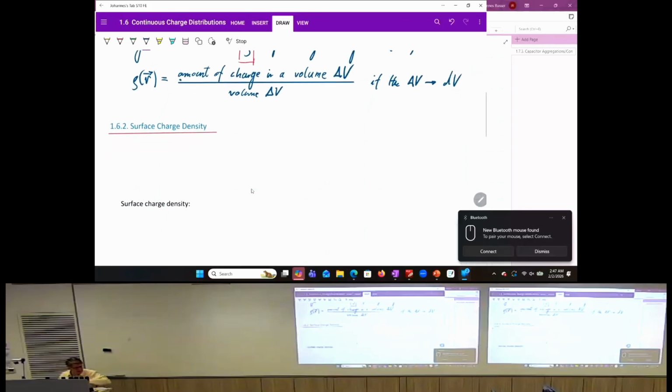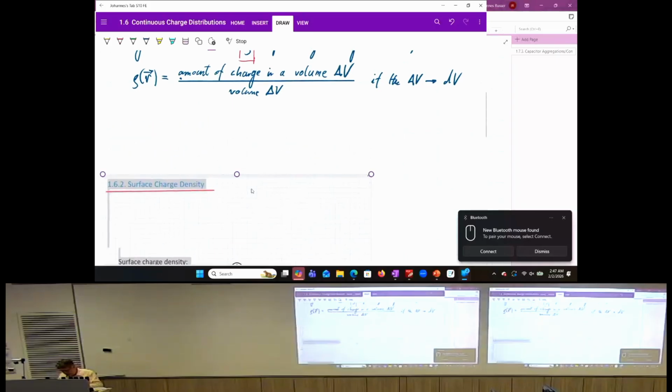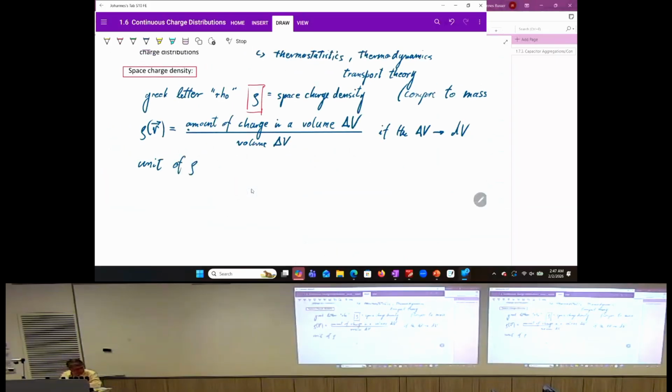What is our unit? The unit of the charge is ampere second, the volume is given in cubic meters, so we have a unit of rho that is given in Coulomb per cubic meter.